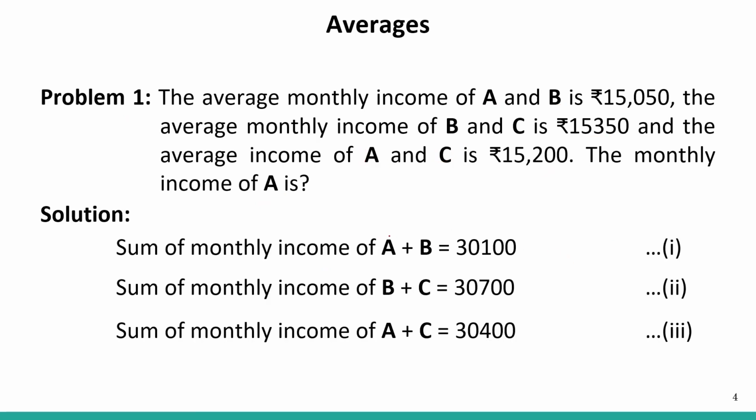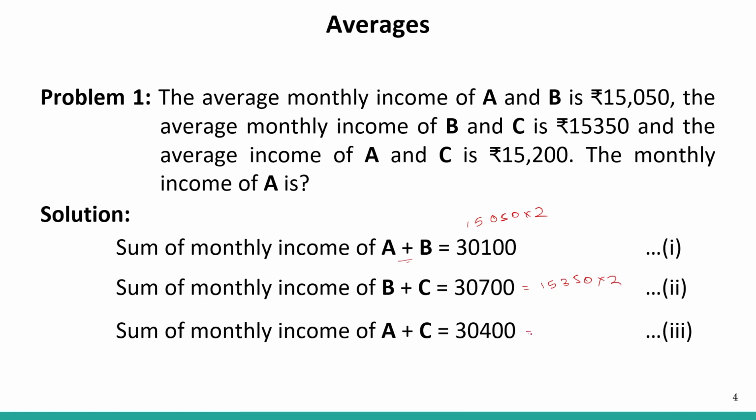Given that the sum of monthly income of A plus B is equal to 15,050 into 2. The sum of monthly income of B plus C is equal to 15,350 into 2.